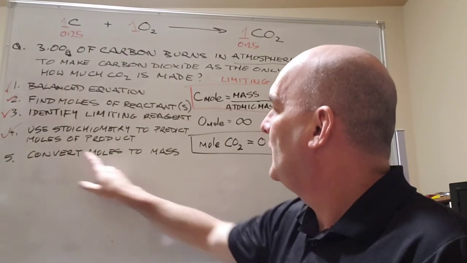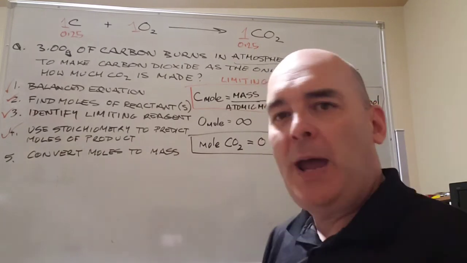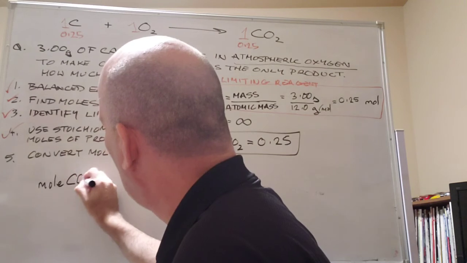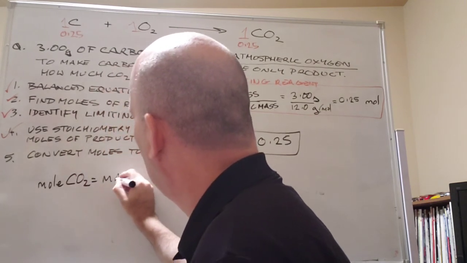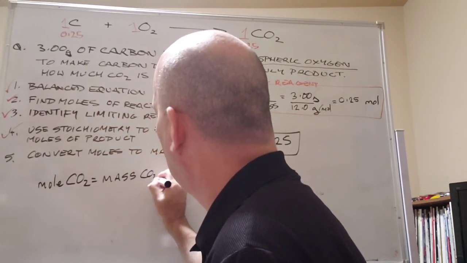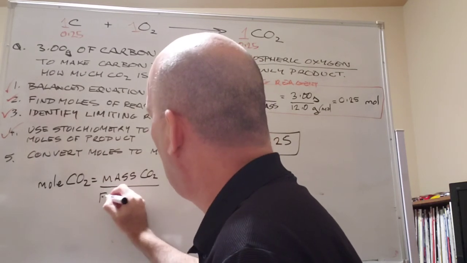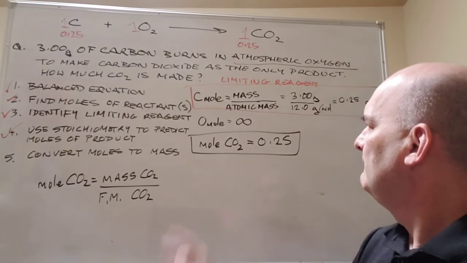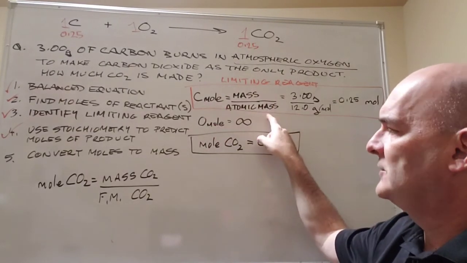Step 5, convert moles back to mass. Well, the moles of carbon dioxide is equal to the mass of carbon dioxide divided by the formula mass of carbon dioxide. Moles is mass divided by atomic mass.